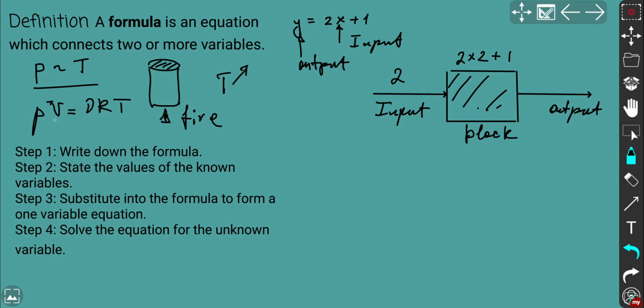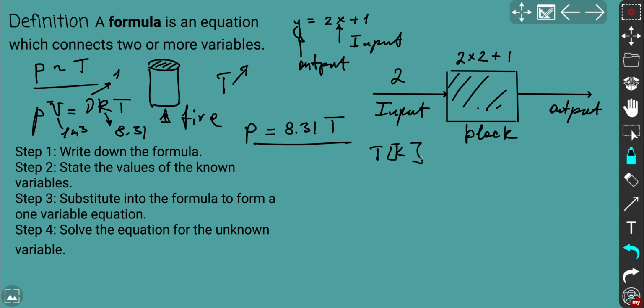If we consider V as the given volume, let's say 1 meter cubed, instead of R we use 8.31, just a constant. Instead of the number of moles we can use just 1 mole, and in this case we get P equals 8.31 T. So using that formula, you can calculate pressure for a given temperature in kelvins. That's how a physical formula works.